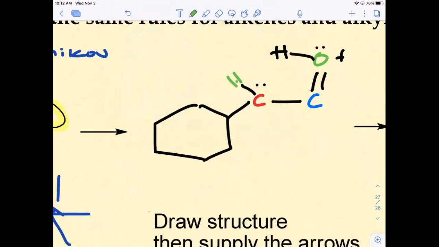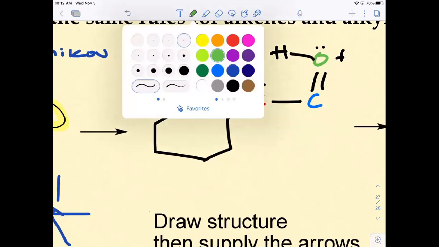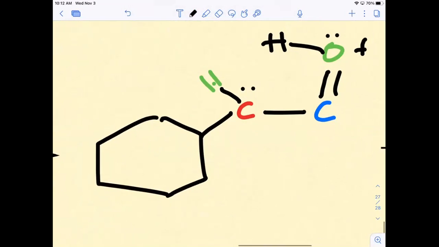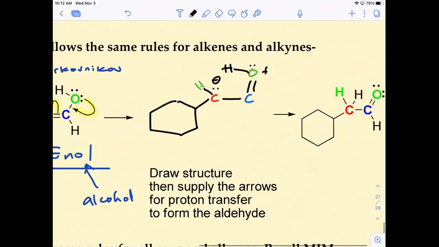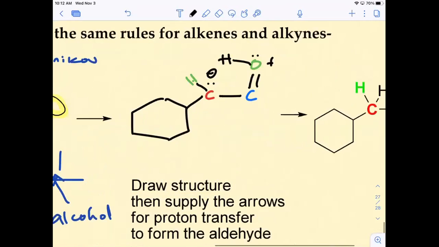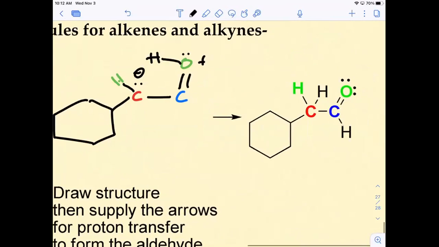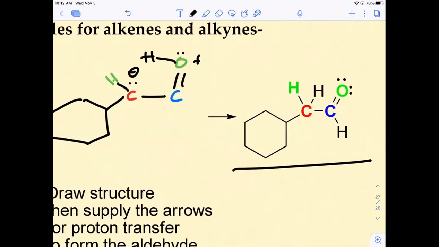Right, so there's a hydrogen here, and then that carbon has a negative charge. Right, so now this is an intermediate, but this is what I get. So how do I go from this intermediate to the aldehyde?